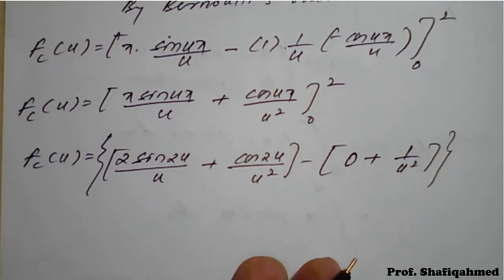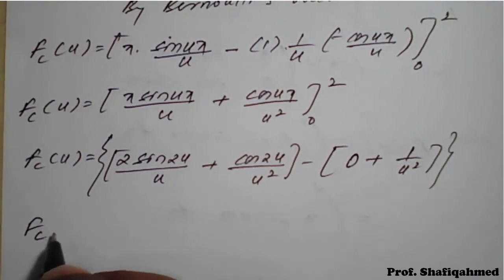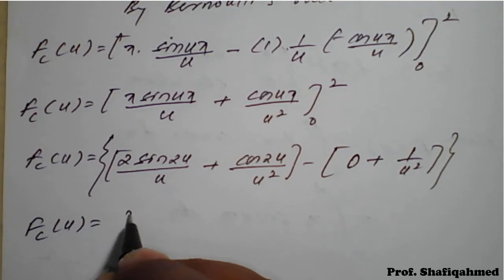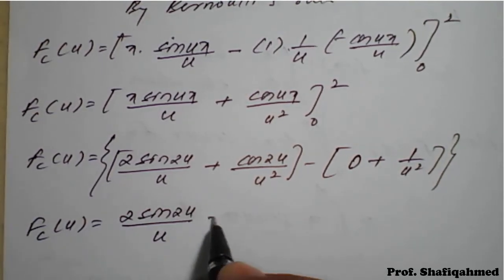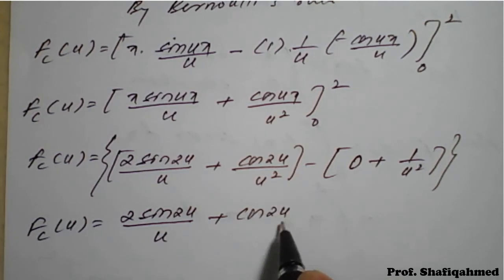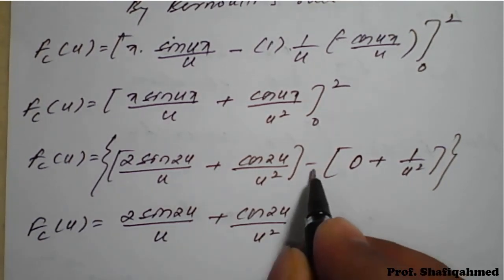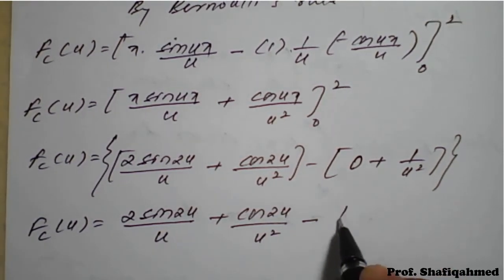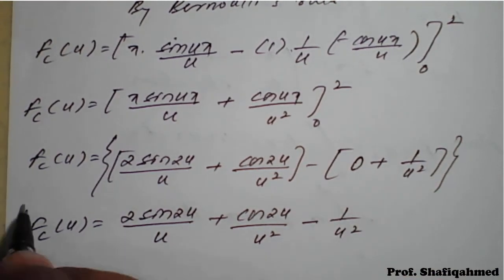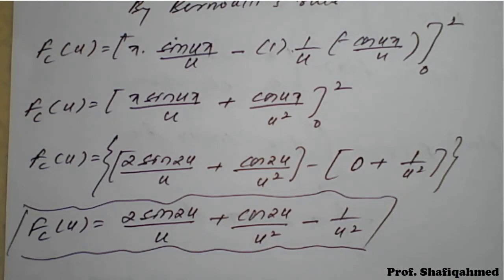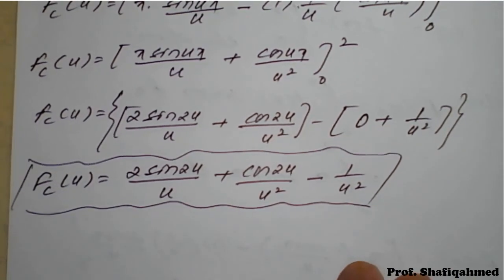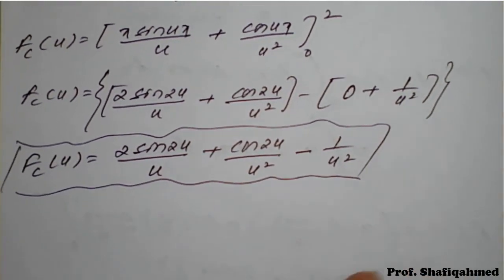On rearrangement, fc of u is equal to 2 sine 2u divided by u plus cos of 2u upon u square, minus 1 upon u square. This is a Fourier cosine transform.